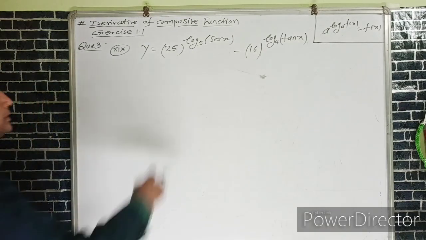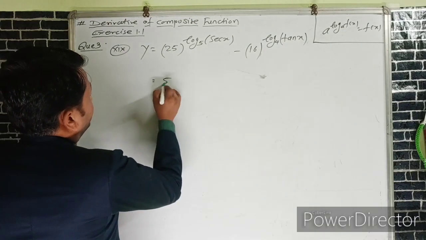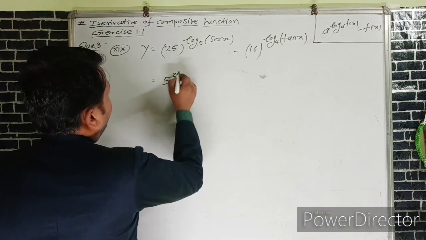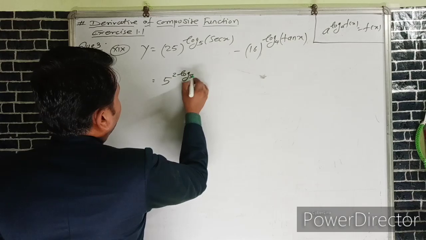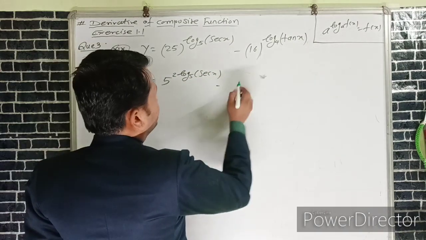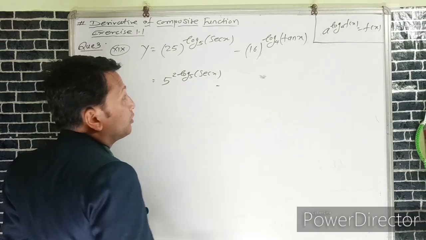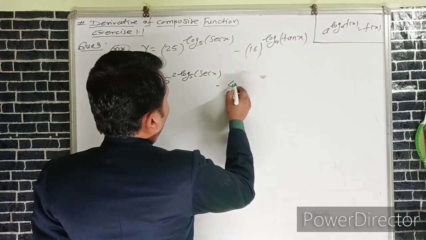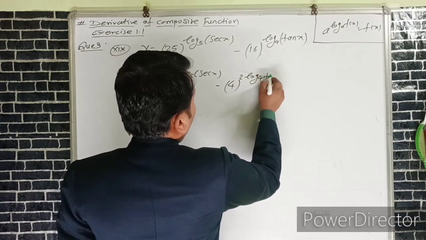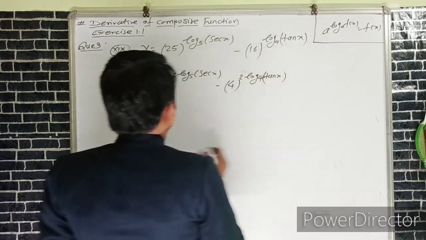We know that 25 is the square of 5, hence we can write 5 square into 2 log base 5 sec x as it is, minus 16 is the square of 4, hence we can write 4 square log base 4 tan x.